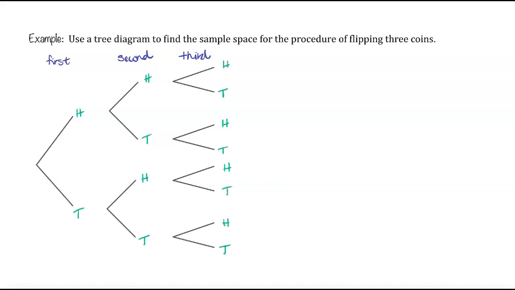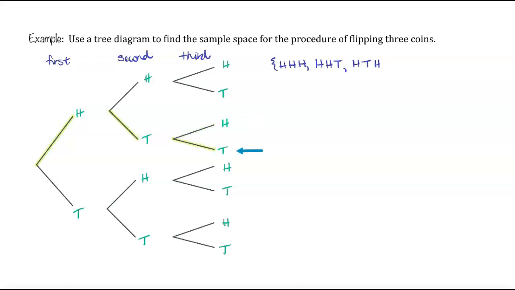Each option listed in the last column represents a simple event. The first one represents the simple event of all three coins landing on heads. The second represents the simple event of the first two coins landing on heads and the third coin landing on tails. The third one represents the simple event of the first coin landing on heads, the second coin landing on tails, and the third coin landing on heads.